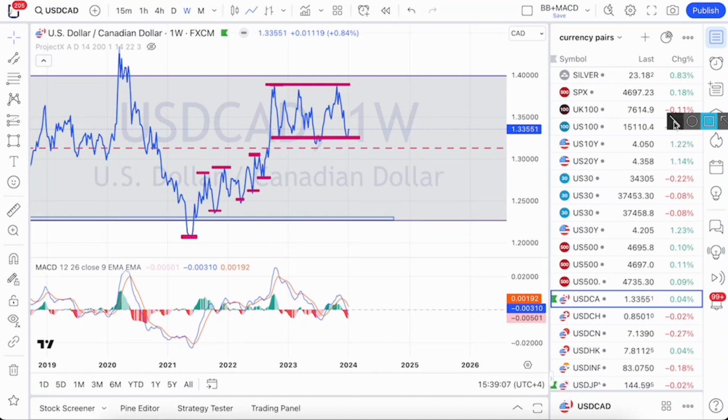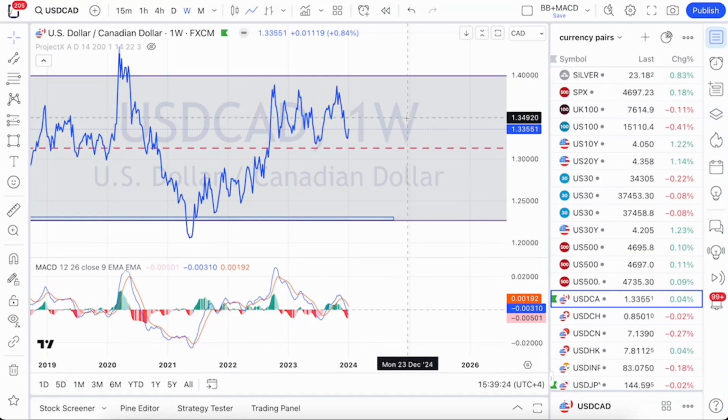So the pattern here is we are getting a bullish bounce inside the sideways consolidation. So it definitely makes sense to buy from the bottom of this sideways consolidation. And let's move down to daily.